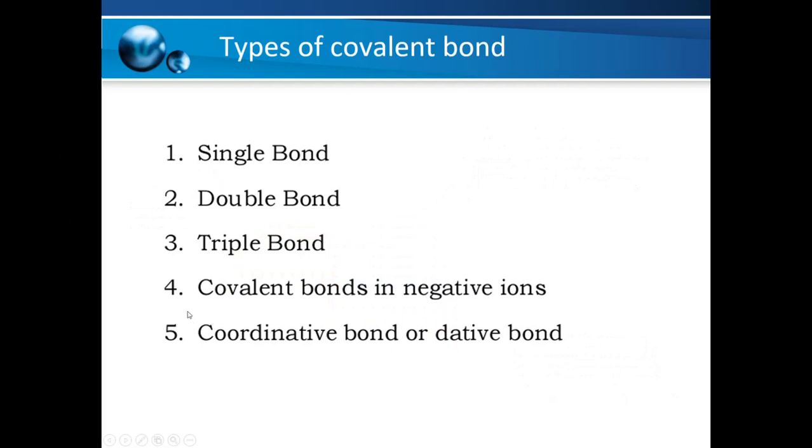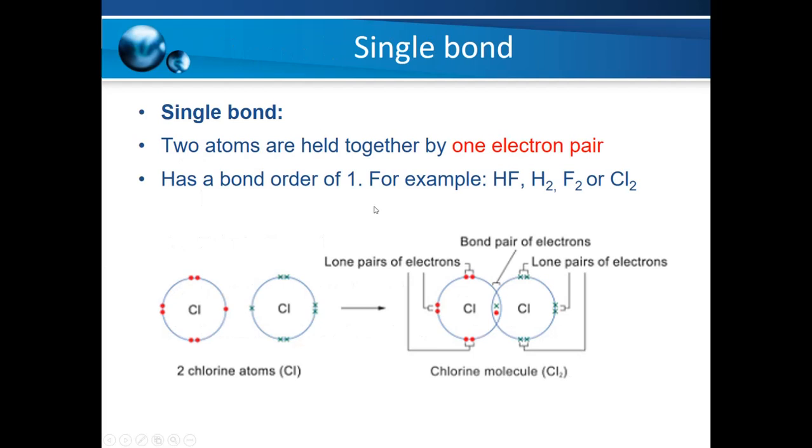And there are 5 types of covalent bond, which are single bond, double bond, triple bond, covalent bond in negative ion, and coordinate bond, or we call it a dative bond. What is a single bond? In a single bond, two atoms are held together by one electron pair, so it has a bond order of 1.